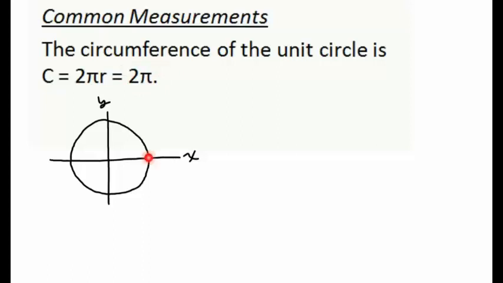So this means the distance starting from here all the way around our circle is 2 pi. In other words, if we want an angle measurement all the way around our circle in radians, this must be equal to 2 pi. So we could say that 360 degrees is equivalent to 2 pi radians.